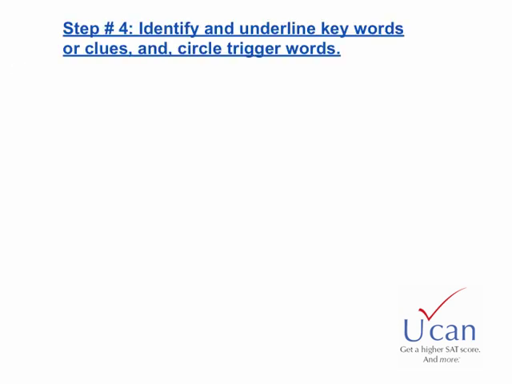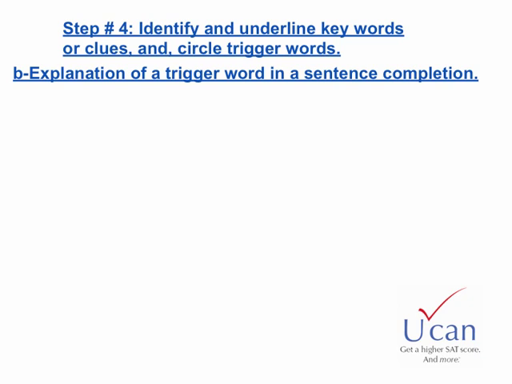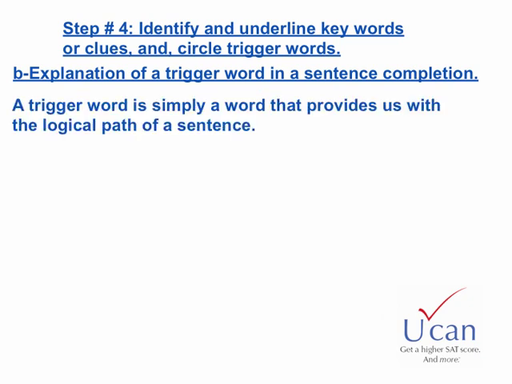So step 4, a very important last step on step 4, is you also want to identify and circle trigger words. Okay, all right, so what is a trigger word? Simple. A trigger word is simply a word that provides us with the logical path of a sentence.